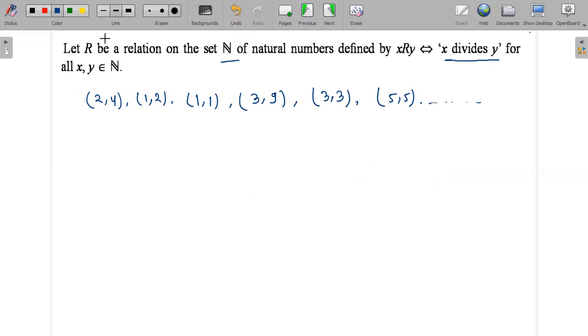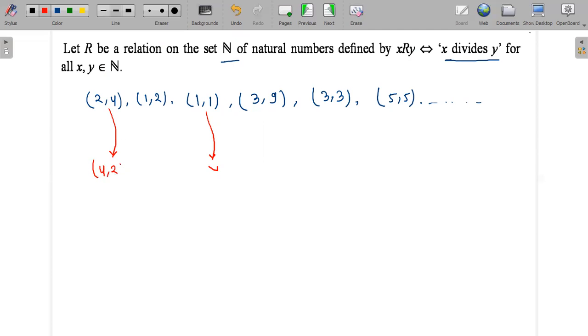The moment I see that 1 comma 1 is there, its counter of 1 comma 1 is itself, and obviously both the values a comma b are equal. So if it is equal, your relation is anti-symmetric corresponding to 1 comma 1. But the moment I choose this element 2 comma 4, I'll start looking for whether there is a 4 comma 2 or not.